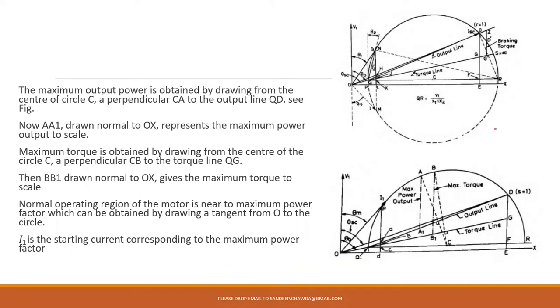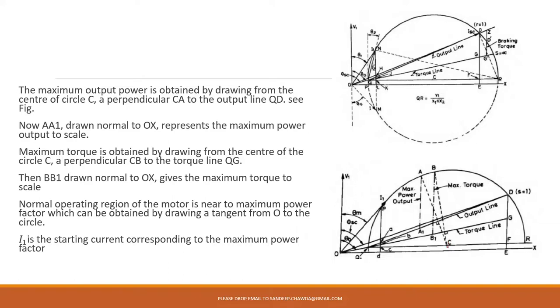Now we are interested in determining the value of maximum output power and maximum torque. So maximum output power can be obtained by first finding the center of the circle.